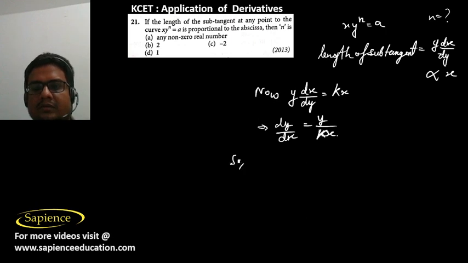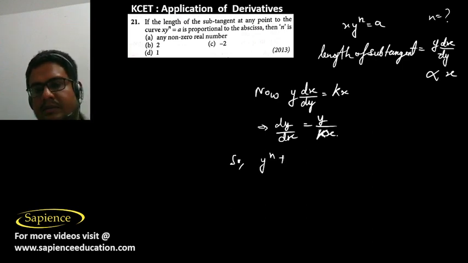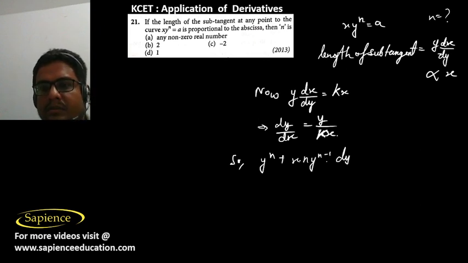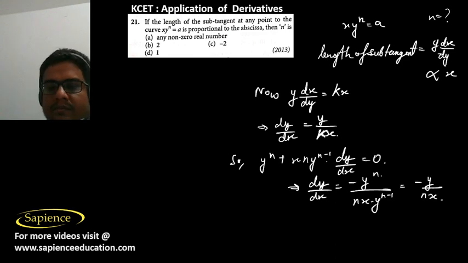So now if we differentiate the curve with respect to x on both sides, we get y power n plus x into n y power n minus 1 into dy by dx equal to 0. So dy by dx is equal to minus y power n by n x y power n minus 1. So that is minus y by nx.